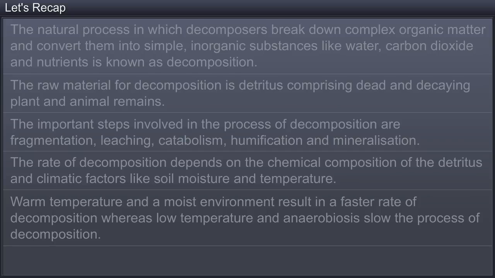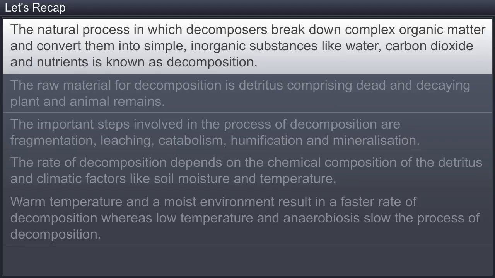You have now reached the end of this module. In this module, you learnt that the natural process in which decomposers break down complex organic matter and convert them into simple inorganic substances like water, carbon dioxide and nutrients is known as decomposition.